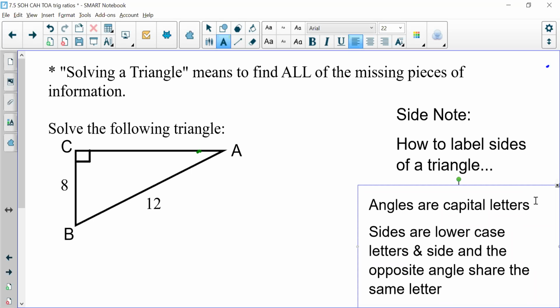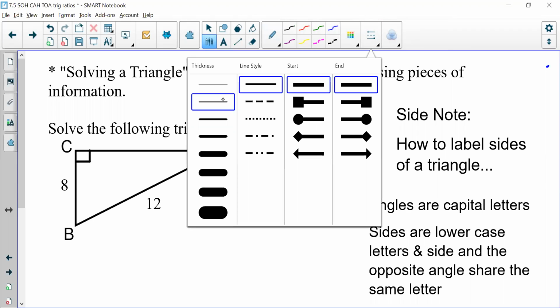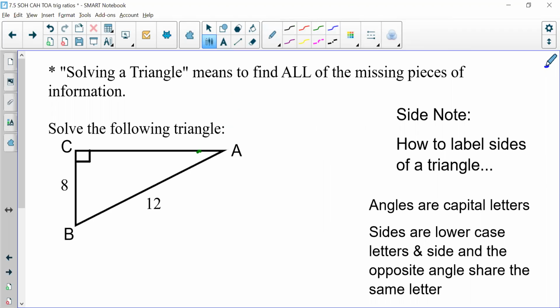So what I mean is, if this is angle A, top right, where's side A? What side is across? Yeah, awesome. This is going to be side A. All the way across is going to be side A.